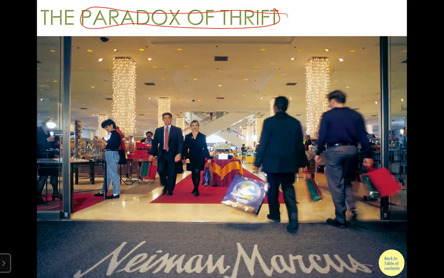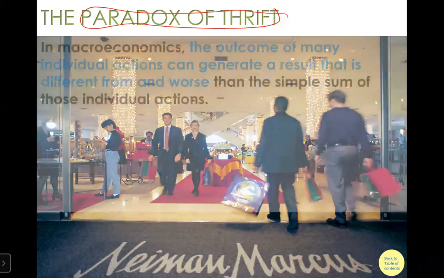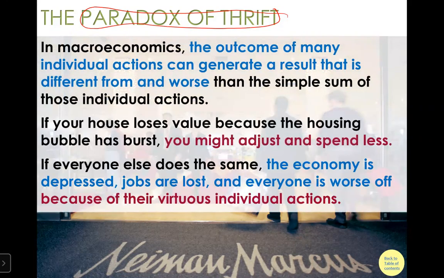Because of this domino effect. If I stop going shopping in the shopping mall, the owners of the store are going to have reduced income. They are going to cut their spending. They may stop going out to dine, and so on and so forth, right? So this is the paradox of thrift. Okay.